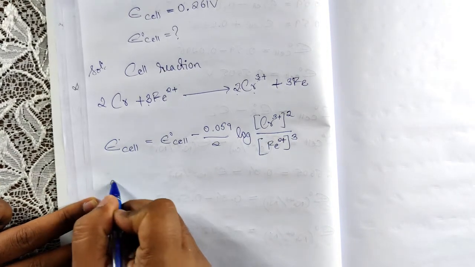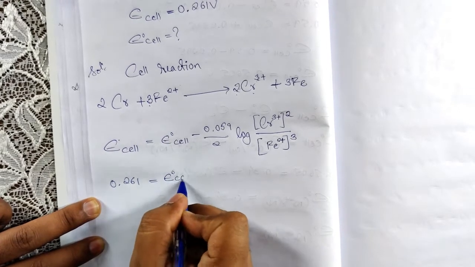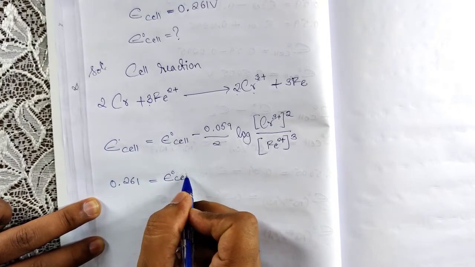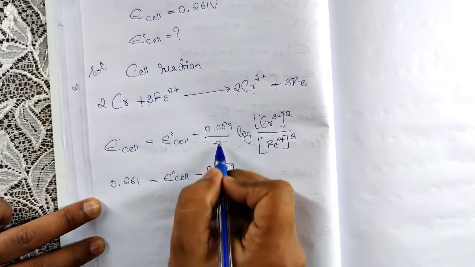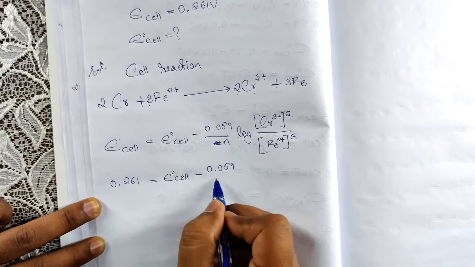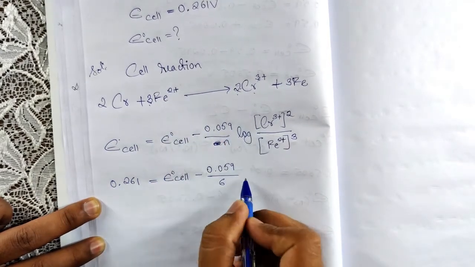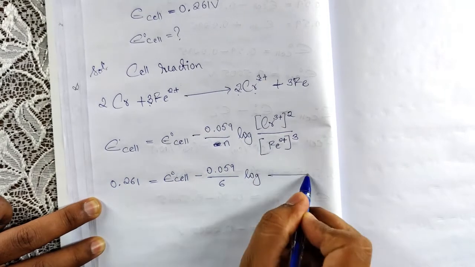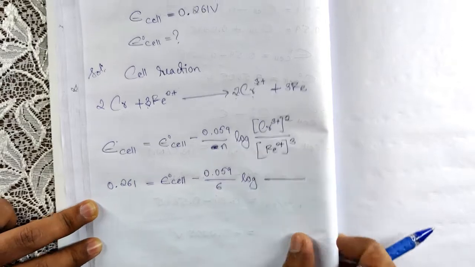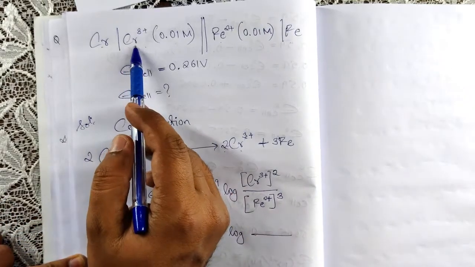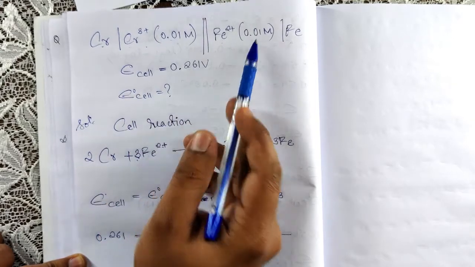So E cell is 0.261 equal to E naught cell minus 0.059. So this is N. So out here what is the value of N? 3, 2 is 6, 3, 2 is 6. So N will be 6 log. What is Cr3 plus? So if you look here out here, concentration of Cr3 plus is 0.01, Fe2 plus is 0.01.